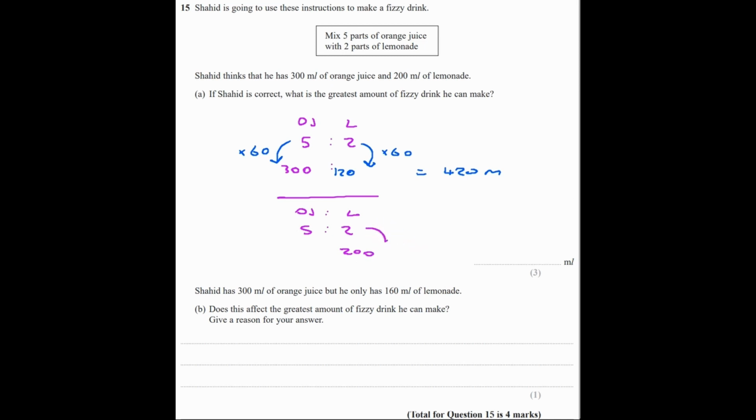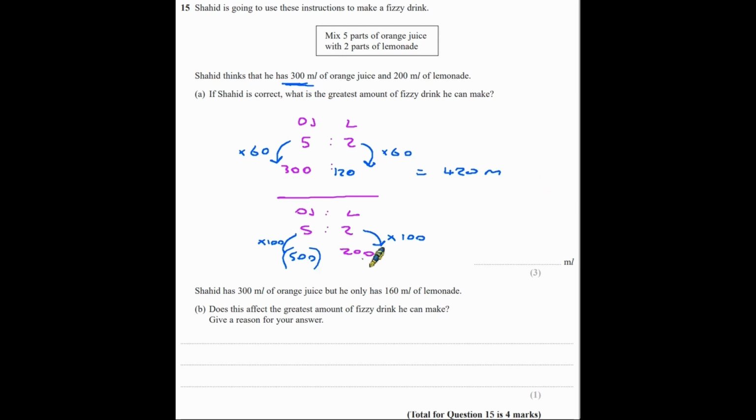Again, we need, therefore, to look at what the multiple is from 2 to 200. Well, this time it's been multiplied by 100. In order to make this drink, then, we would have to multiply the orange juice by 100. But unfortunately, that means we would need 500 ml of orange juice. We only have 300.